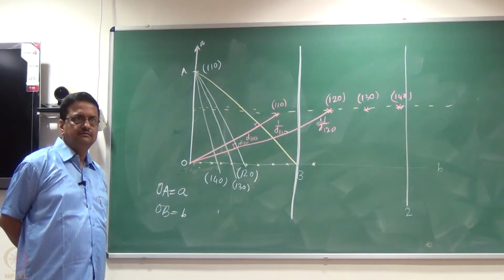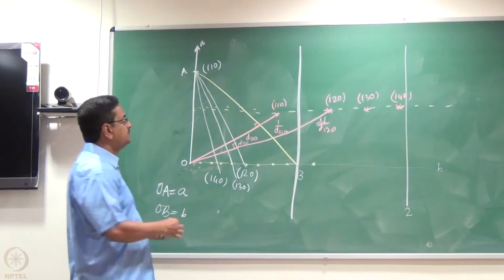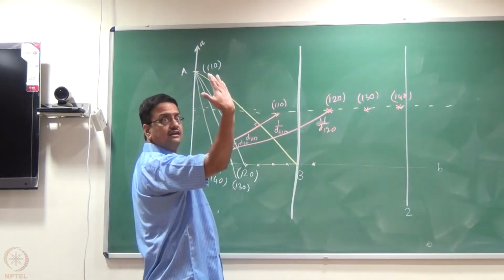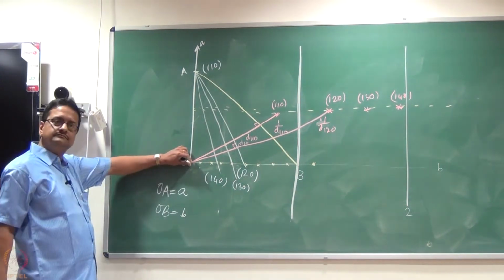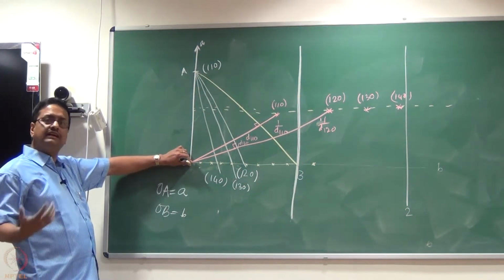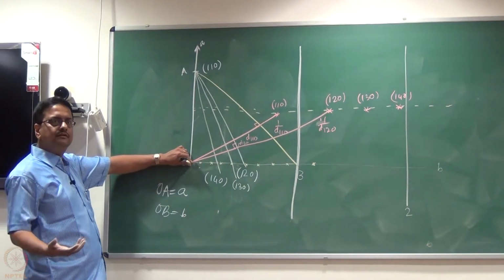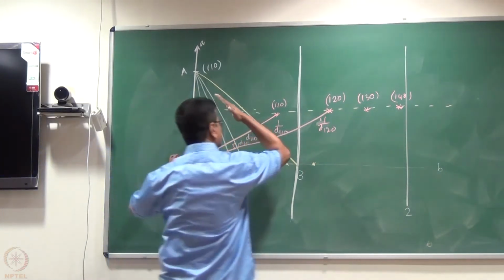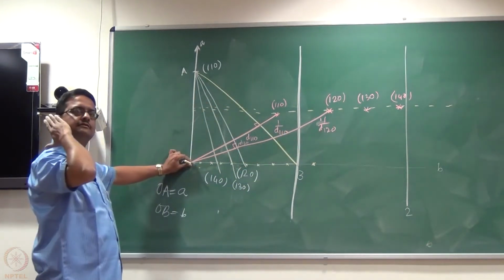Now, I am only talking about the planes which are assumed to be parallel to my z. But who said it has to be parallel to z? These planes which are cutting here can be tilted such that it cuts z.